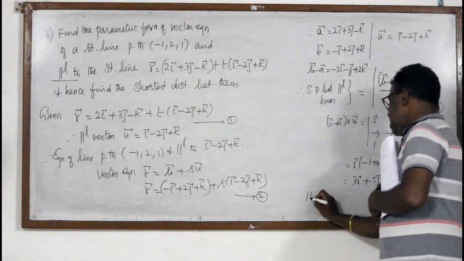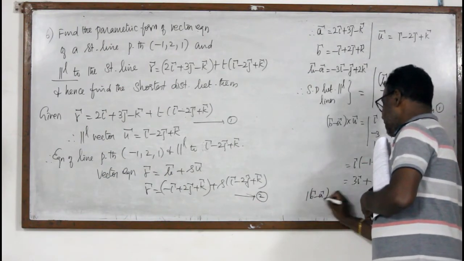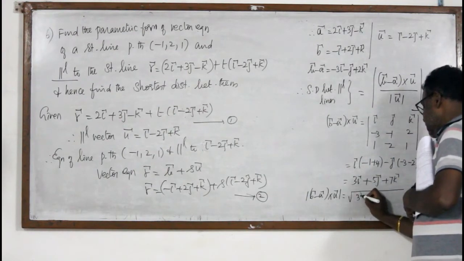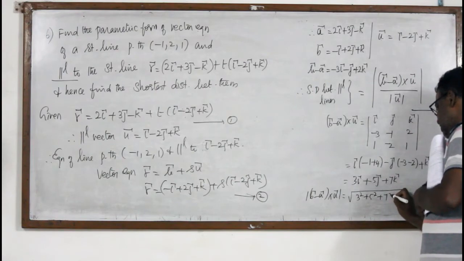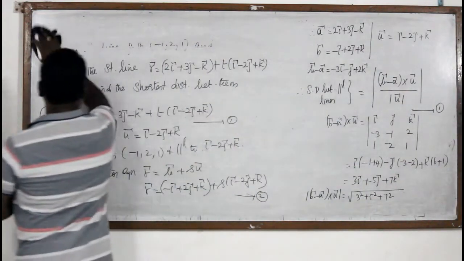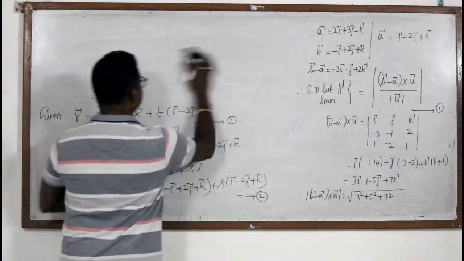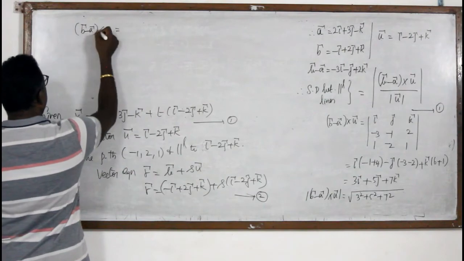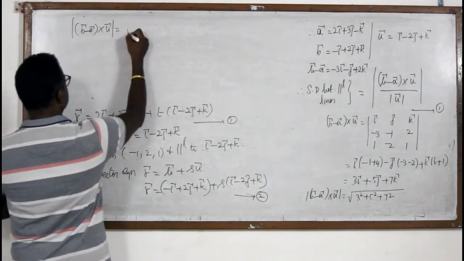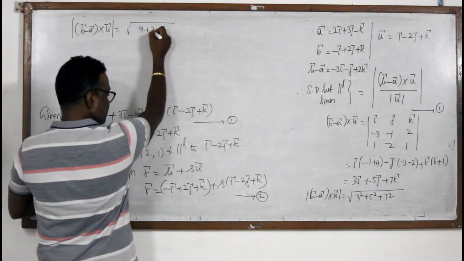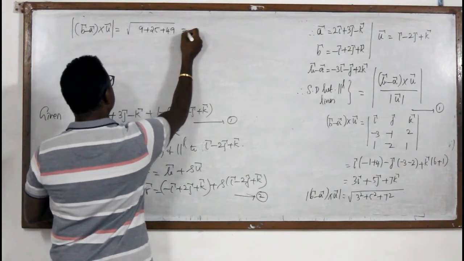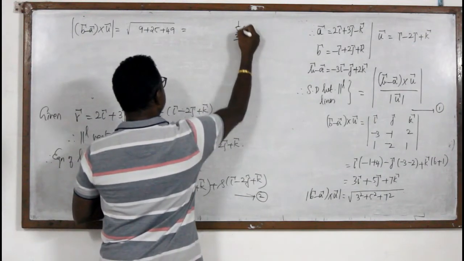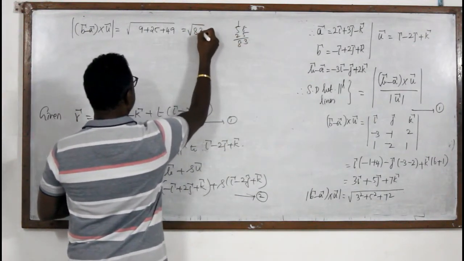I am in need of the modulus of b minus a cross u vector, which is root of 3 squared plus 5 squared plus 7 squared. So it is root of 9 plus 25 plus 49, which is root 83.